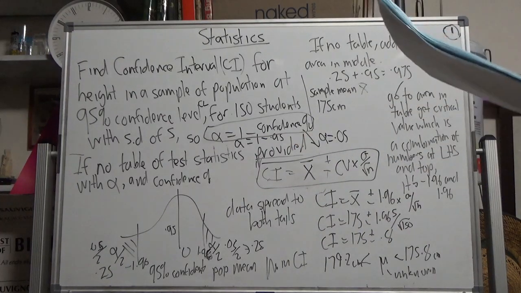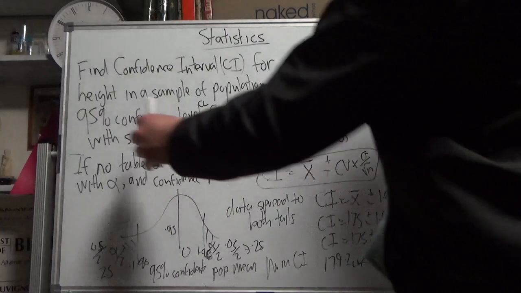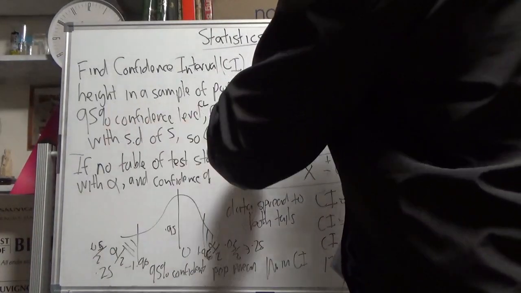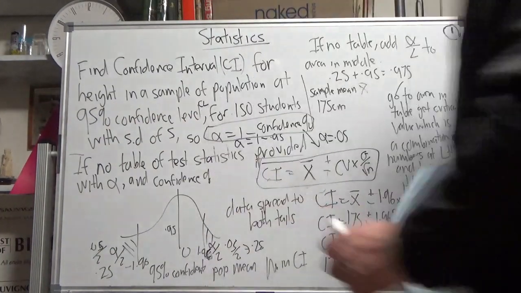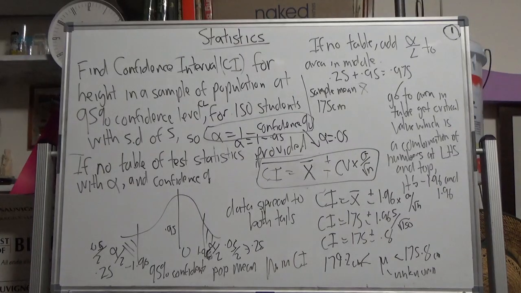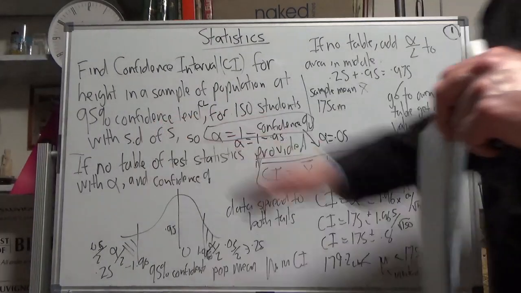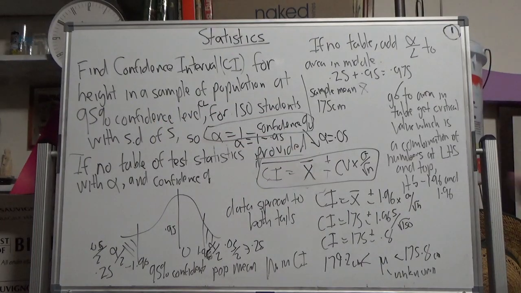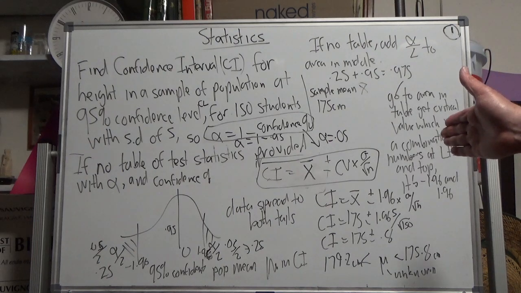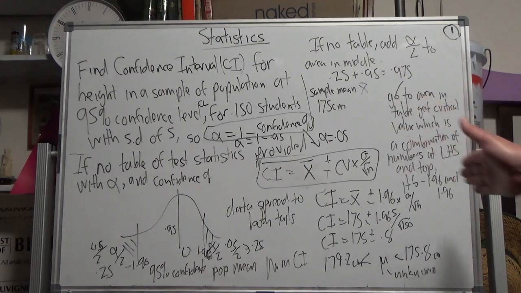A confidence interval is a range of data that the population mean falls in for a sample. It's different to the confidence level, which is the percent confident you are that the population mean is in that range.